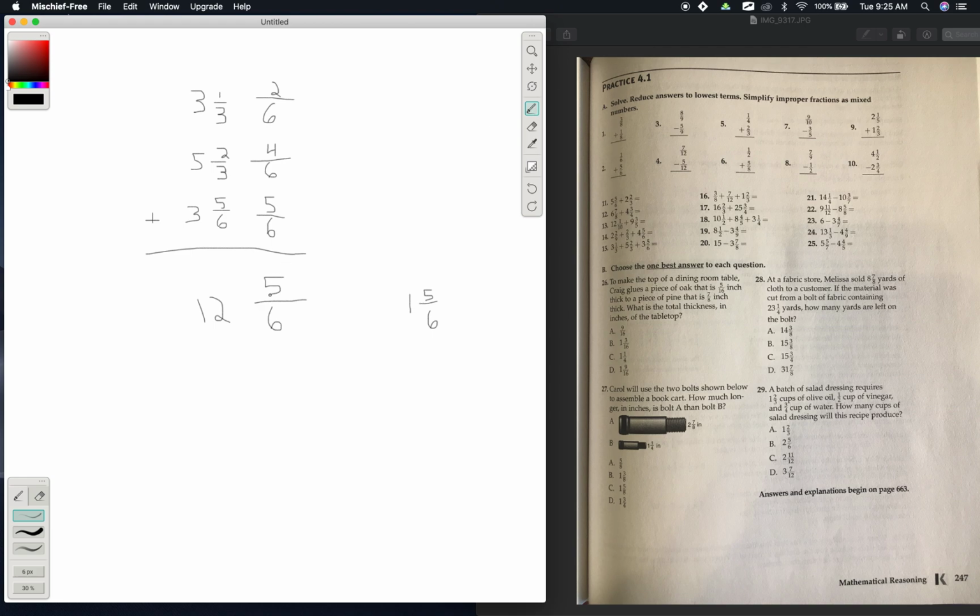Otherwise, if we didn't do that whole process, it would look like this: 11 and 11 over 6. And that's not a resolved answer. It is, but it's not simplified, okay? Or resolved to the lowest terms. Then we can still check here to see if this is the lowest terms. Is there any number other than 1 that goes into both of these numbers?